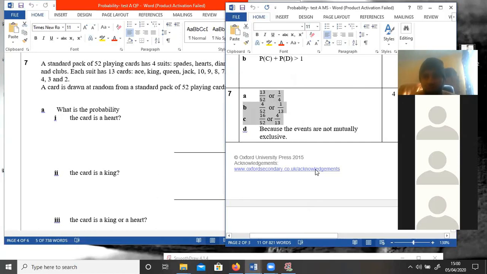Yeah, I got the first 2 right, but the last one I got 17 out of 52 instead of 16. You know how I got that? You got 17 out of what? 52, but I just added the probability of getting a heart and a king.